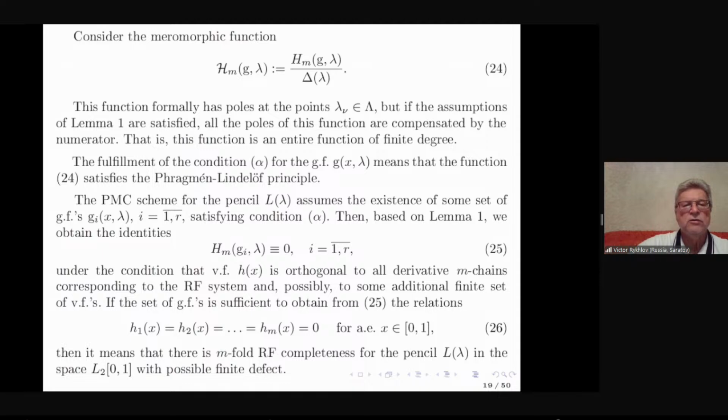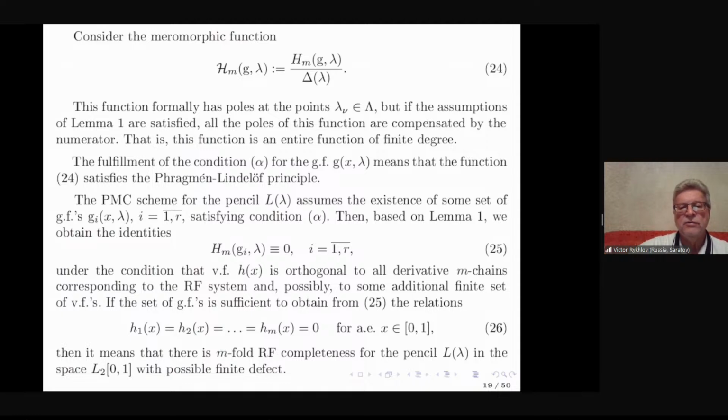The fulfillment of the condition alpha for the generating function j of x lambda means that the function 24 satisfies the Phragmén-Lindelöf principle. The PMC scheme for the pencil L of lambda assumes the existence of some set of generating functions j i of x lambda, i from 1 to r, satisfying condition alpha.